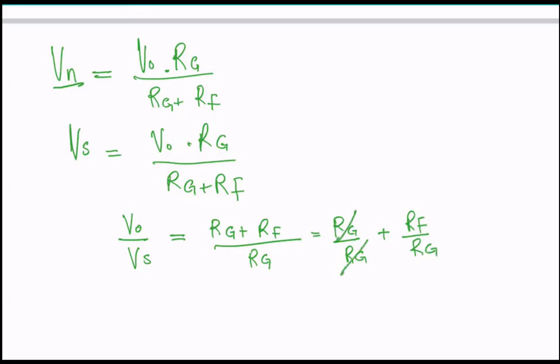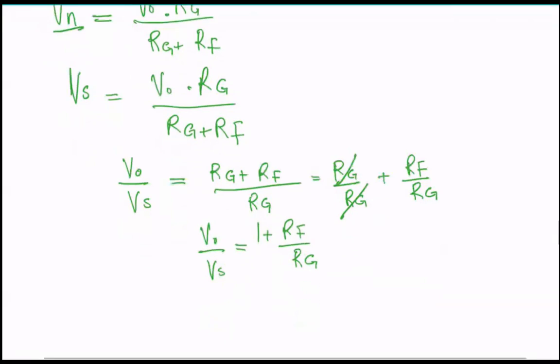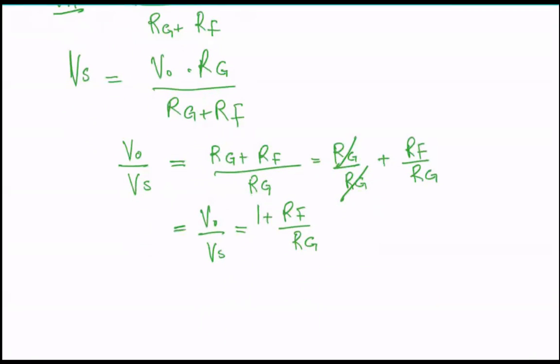This and this will cancel. So I get V naught over Vs equals 1 plus Rf over Rg. Okay, can you guys hear me? Yep. Okay. Now, what is this V naught over Vs, folks?